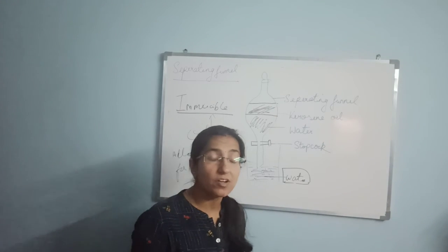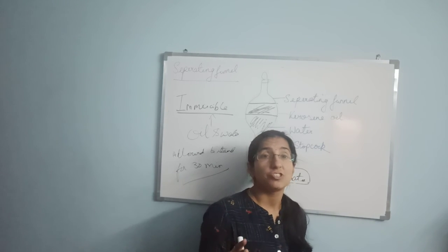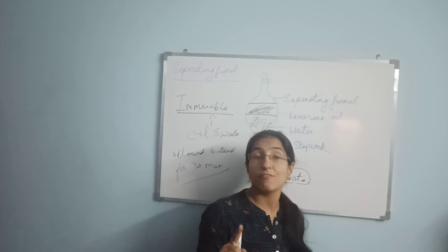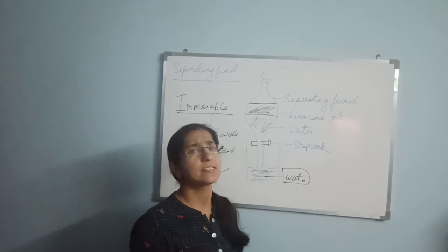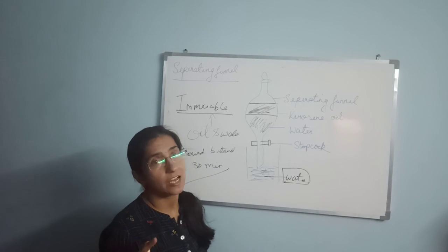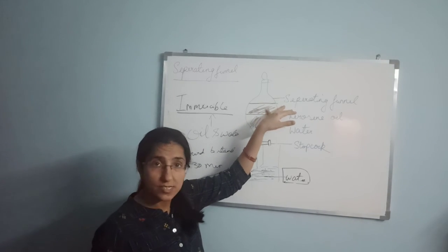So by using a separating funnel we can separate a mixture of two immiscible liquids having different densities. The liquid with more density is collected at the bottom, and the liquid with less density is collected at the top of the separating funnel.